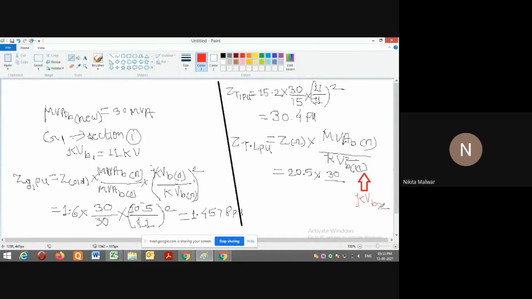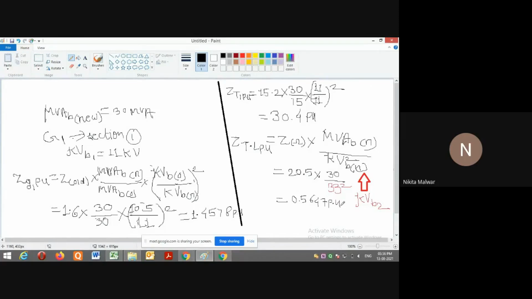That's why we have considered kV base 2 as the new value for the transmission line. So your kV base 2 value is 33 square. What is the answer for transmission line impedance? 0.5647 per unit. Okay.